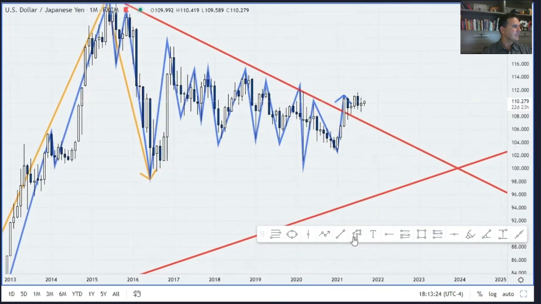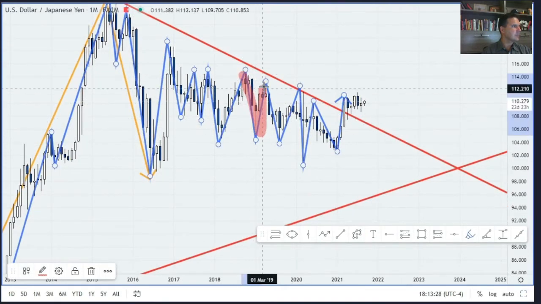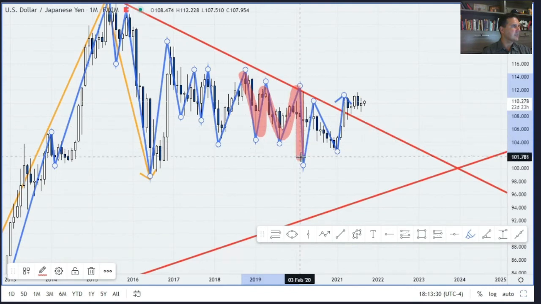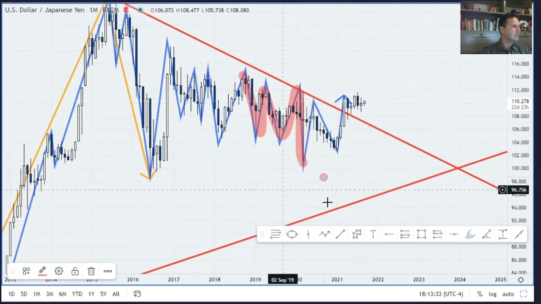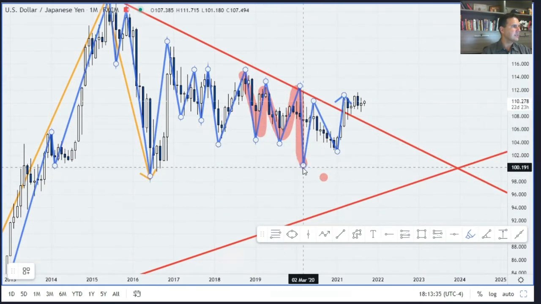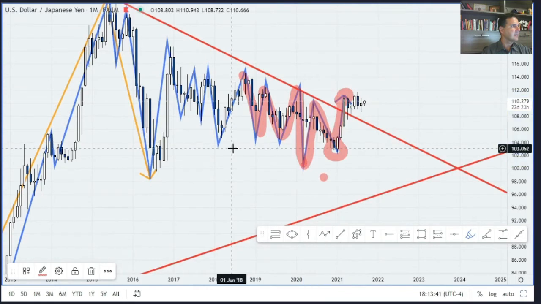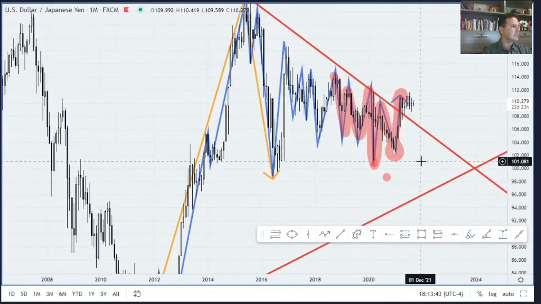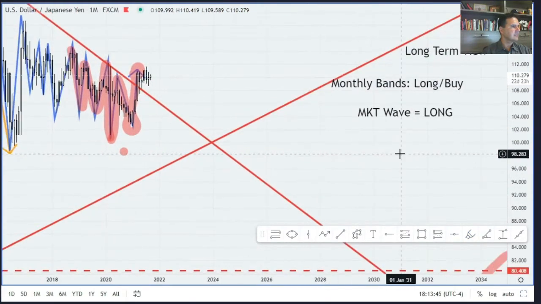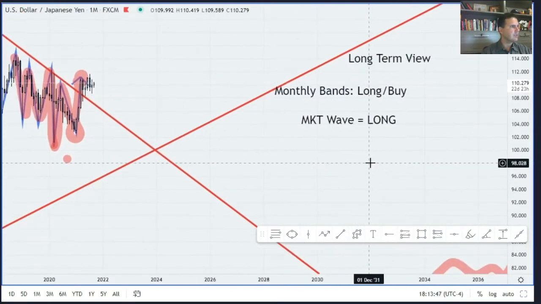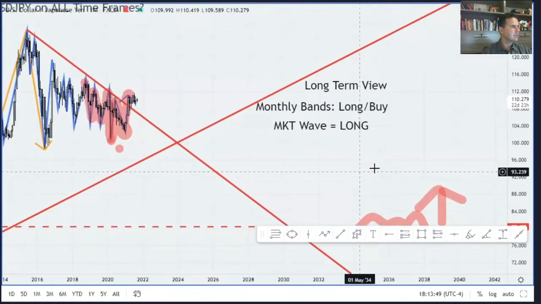So the market was making lower lows, lower highs, lower lows, lower highs, lower lows, and then changed, right? It started to make low to high, high to low. It's a higher low and a higher high. So the short-term trend is long too.